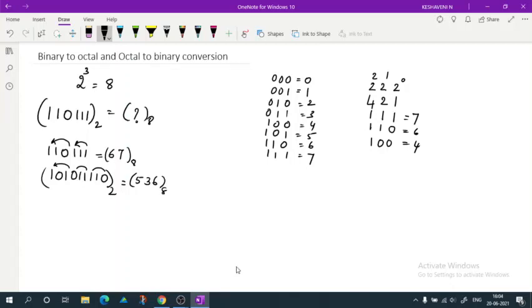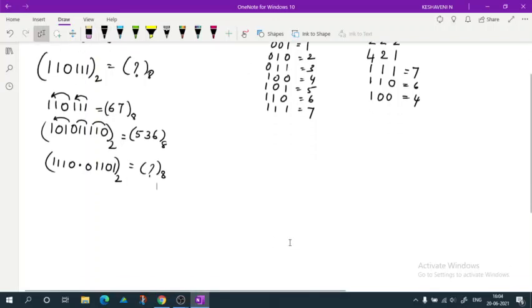Now consider another number, for example 1110.01101, a number in binary. This is equal to how much in octal?